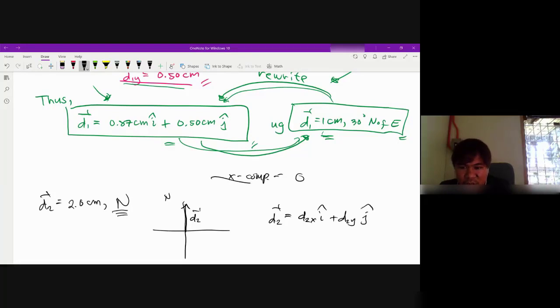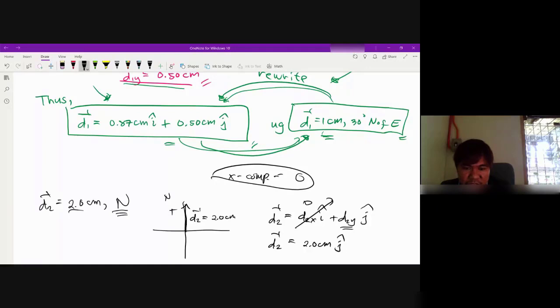We've learned that the x component is 0, so this is 0. Only D2y survives, which is 2 centimeters. So D2 is just equal to 2 centimeters j hat. This is positive, right? It goes up, north. So that's positive j.